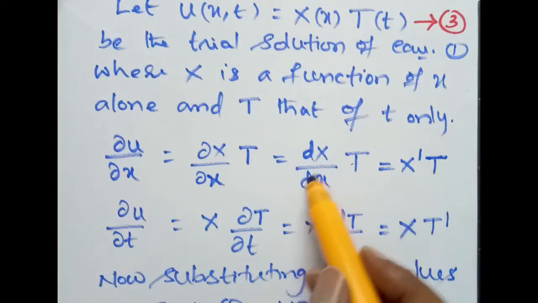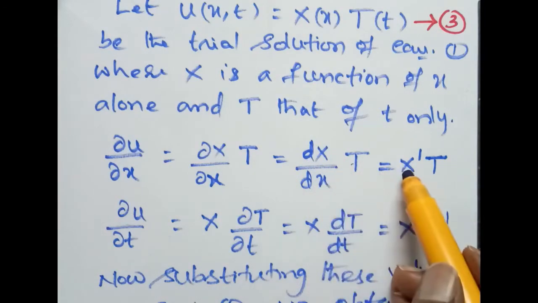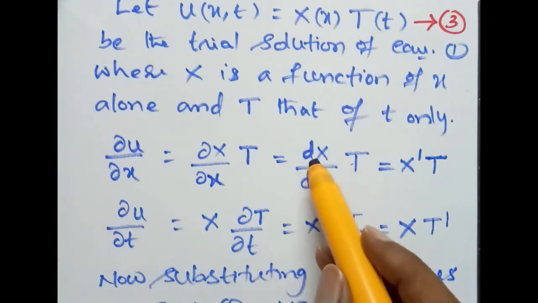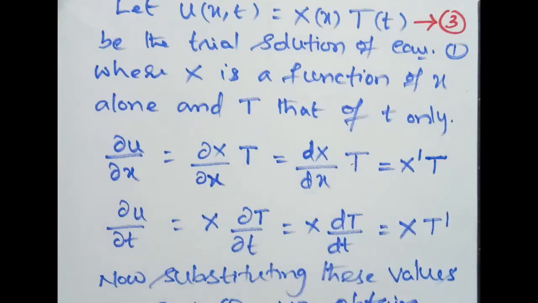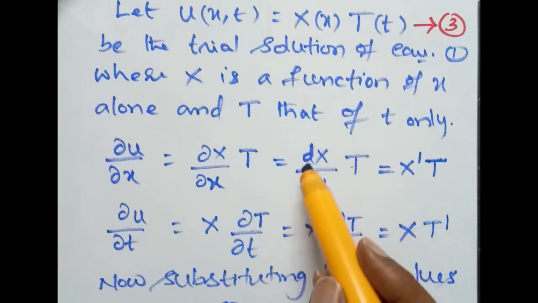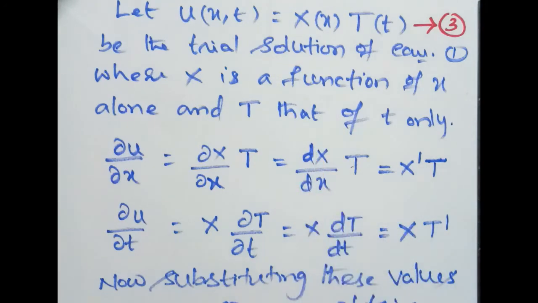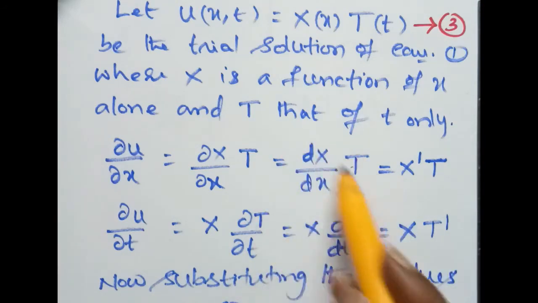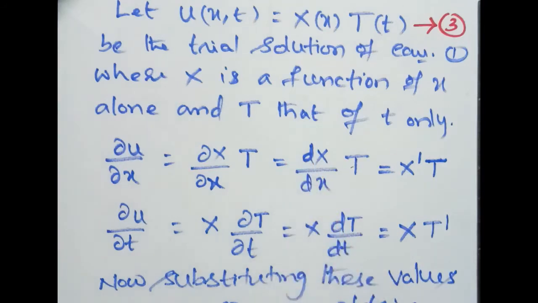See here, X dash is dX by dx and T dash is dT by dt. We use the notation d by dx equal to capital D. We already explained this in ordinary differential equations. The symbol capital D is used to represent the differential operator d by dx or d by dt.